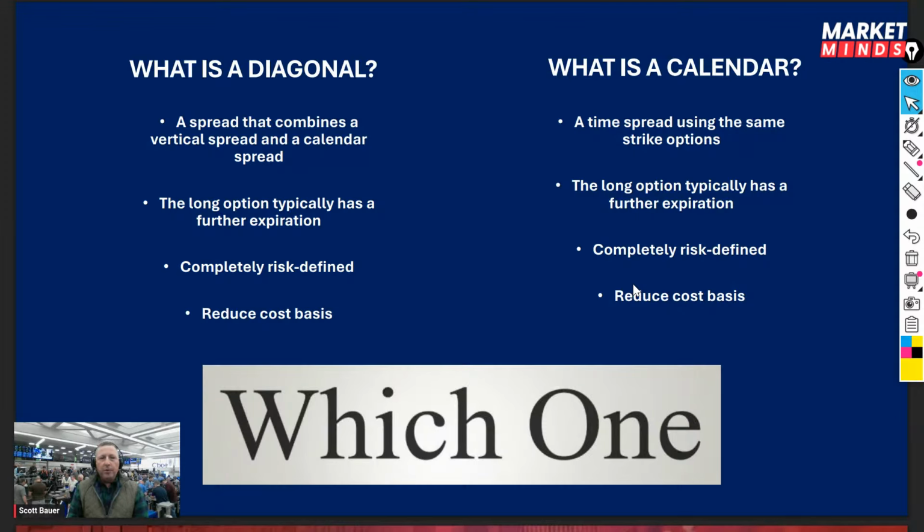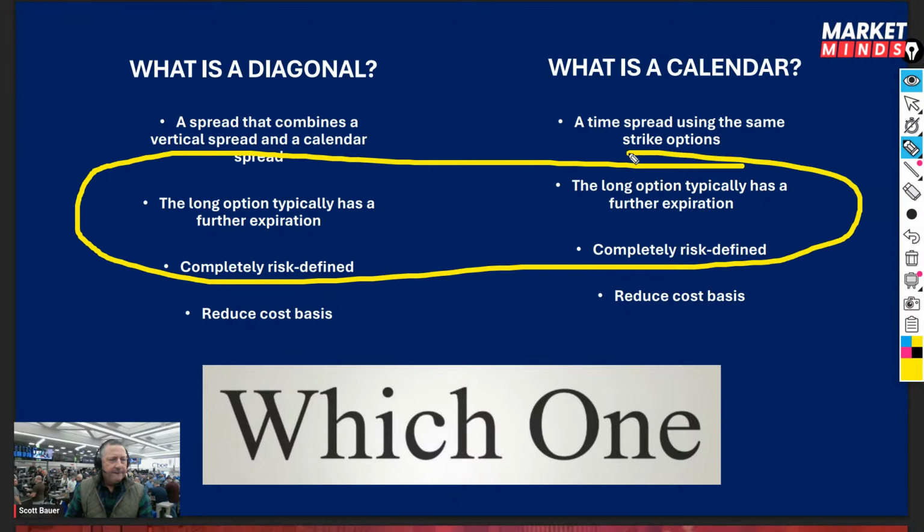Both of them are completely risk defined. Both of them typically have a pretty low cost basis. One of the points that I make here is the long option typically has the further expiration. Now, you can set up a calendar or diagonal with the short option being the further expiration.